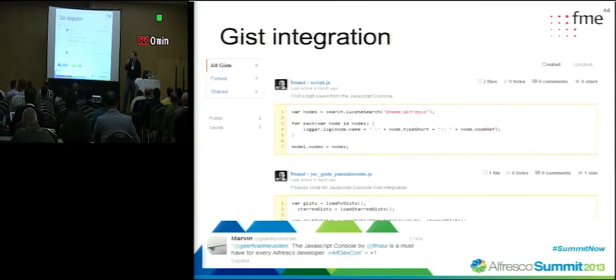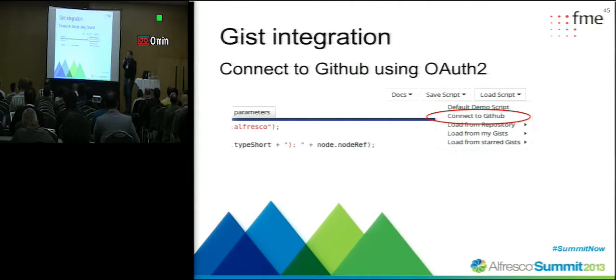And the next thing, gist integration. You might know GitHub gists. This is one script that I've saved, and you can put your scripts into GitHub. And then with the new improvements to the JavaScript console, you can say connect to GitHub. This actually uses the Share OAuth library that Will Abson has written.